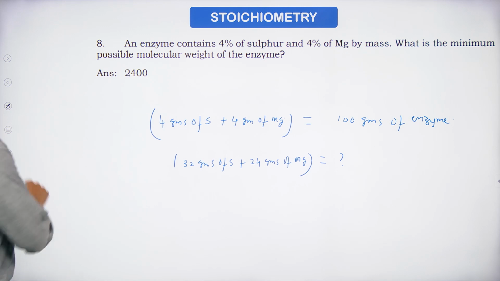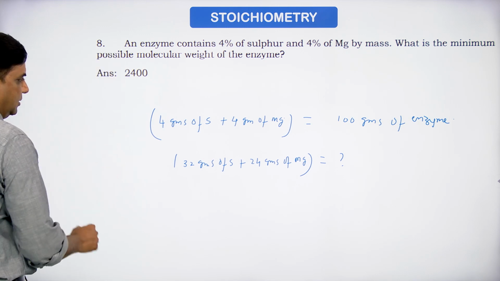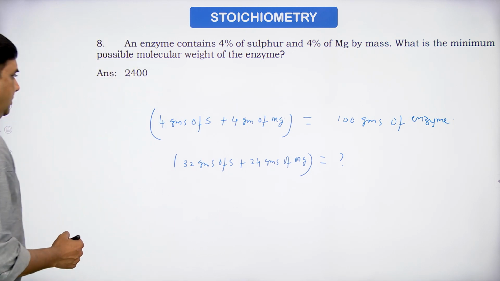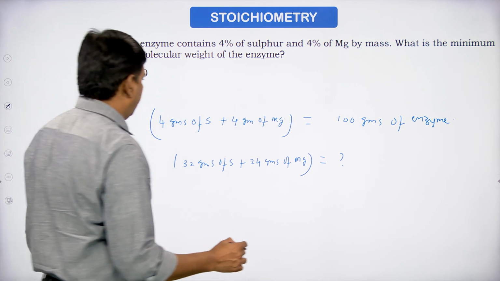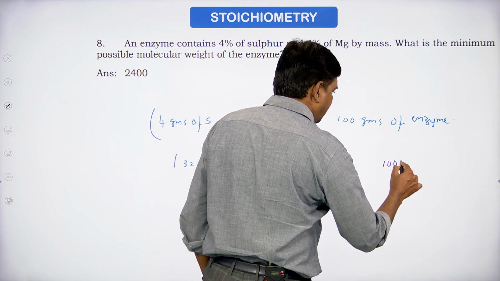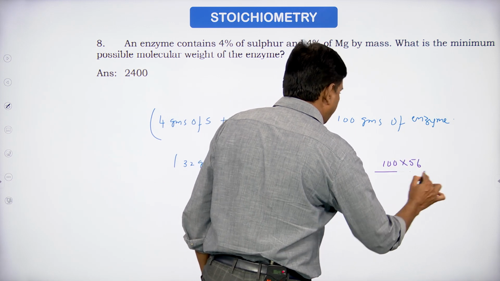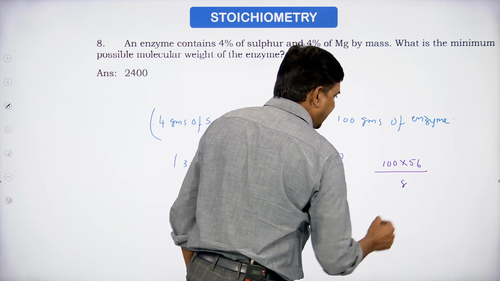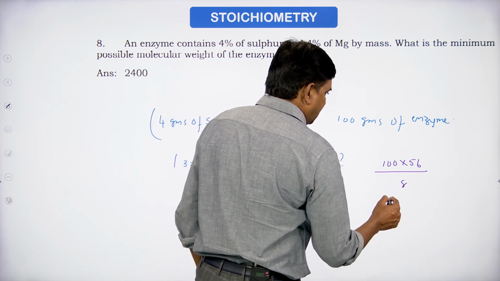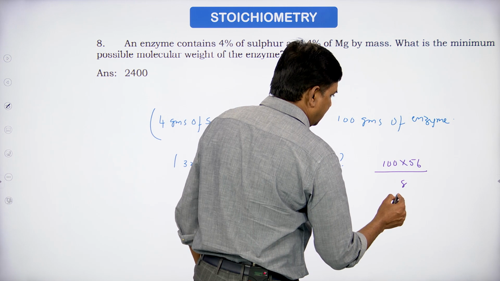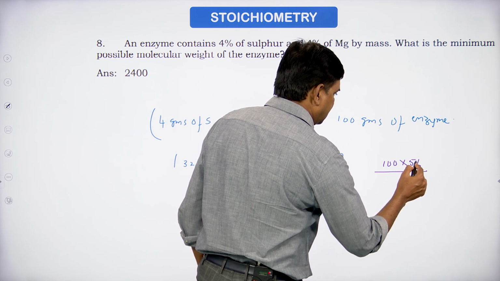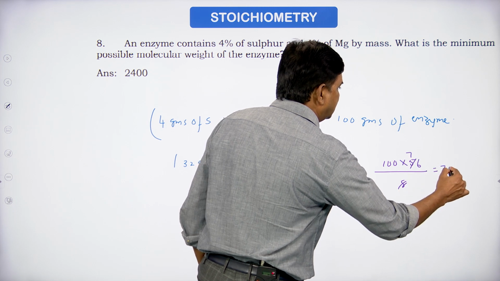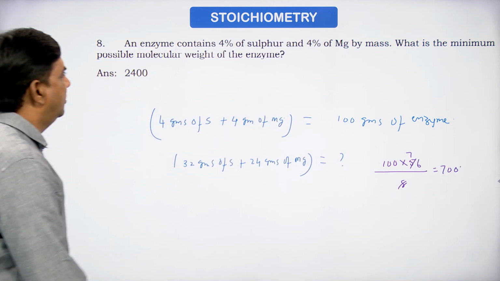You can do that, 32 plus 24 equal to 56. 100 into 56 by 8, and this is 700 only. We are getting only 700.